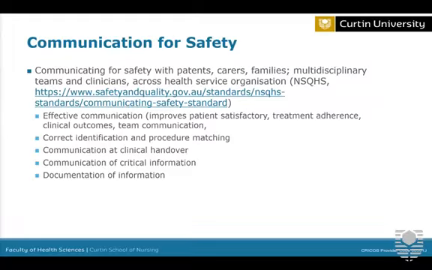So when we're looking at effective communication, we're looking from a person who is involved in that care episode right through to the team approach, right through to ward processes. So if people need to be transferred from one setting to another setting, we still need to meet that same standard. We apply correct identification and procedure matching processes.